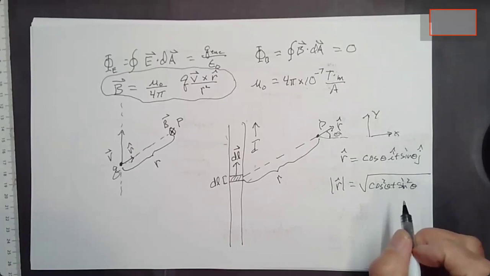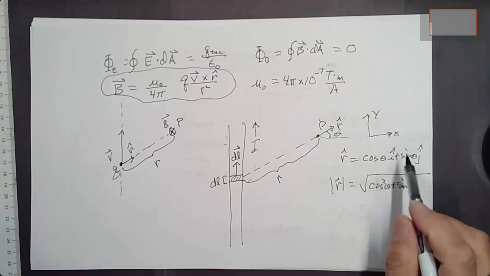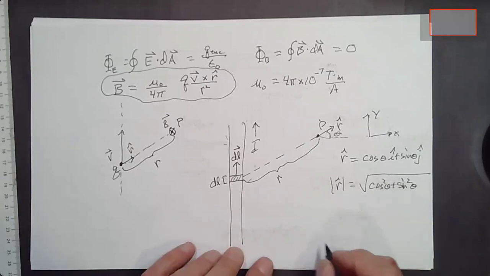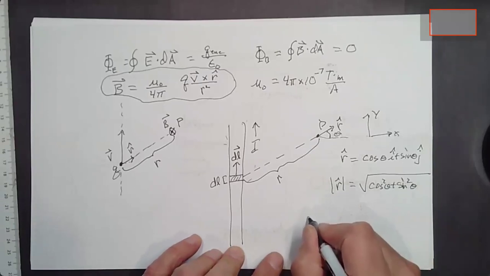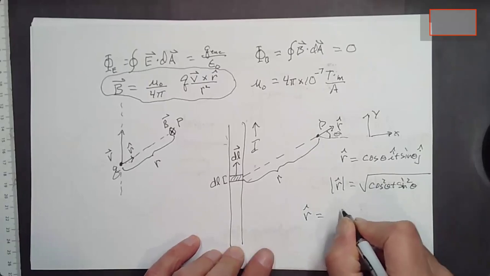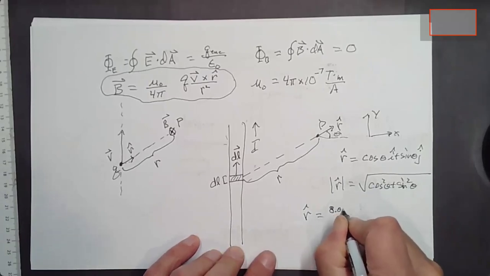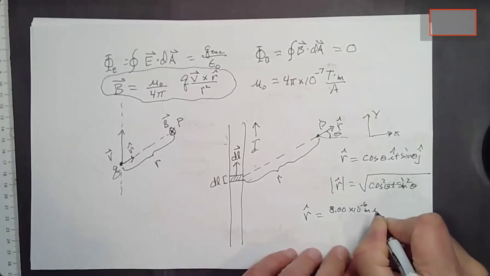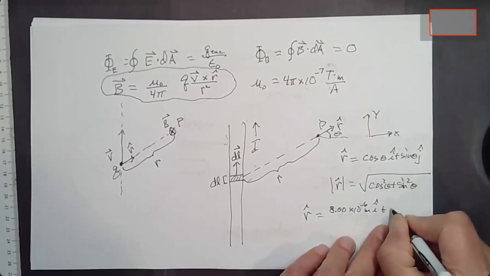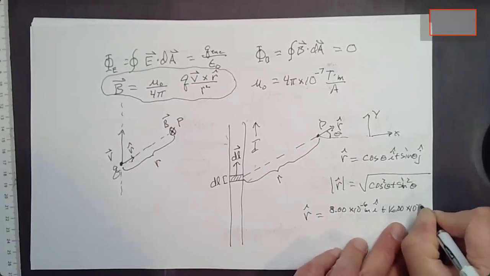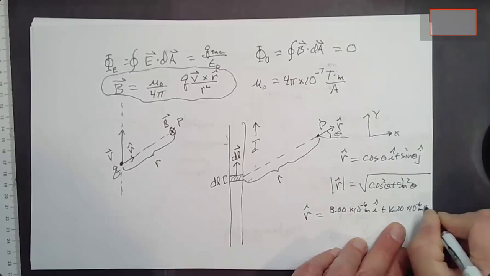I saw on the test that I just gave back yesterday that some people had a vector that pointed in the direction of something, and they thought their unit vector would equal, I think it was, 8.00 times 10 to the minus 6 meters in the i hat direction plus 16.00 times 10 to the minus 6 meters in the j hat direction.